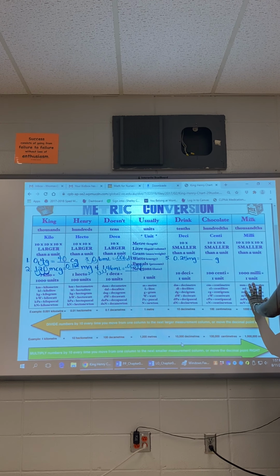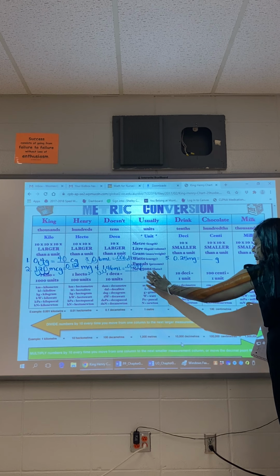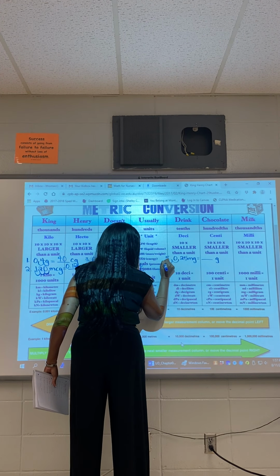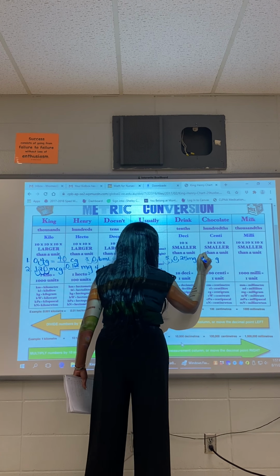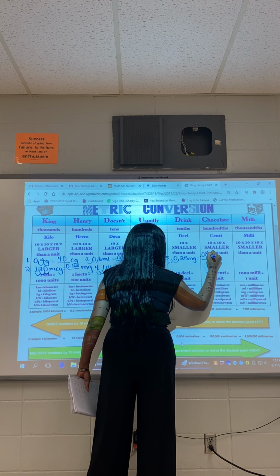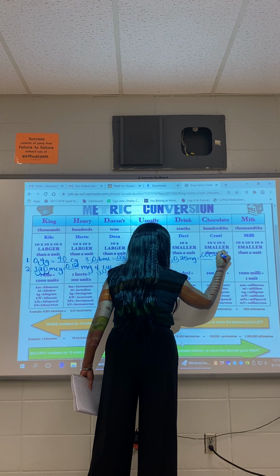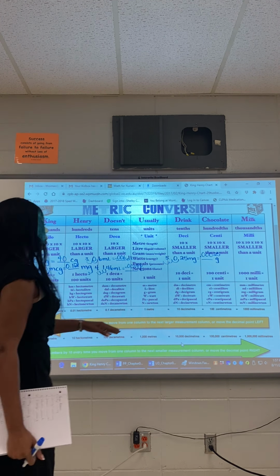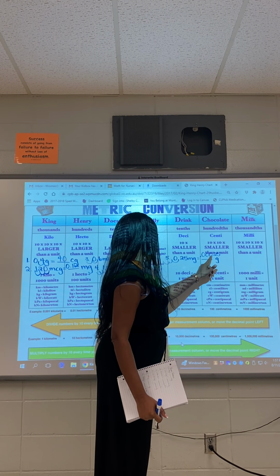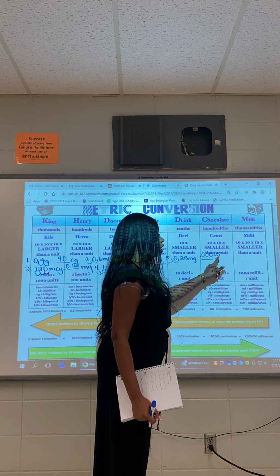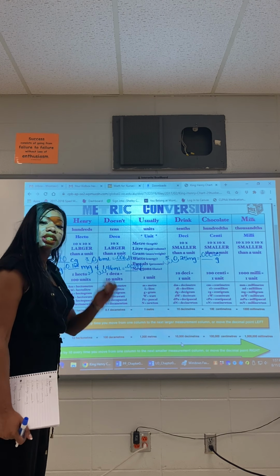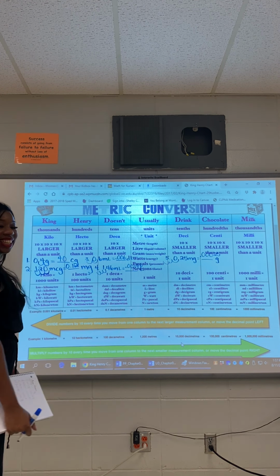I need to move it 1, 2, 3 units to the left. 1, 2, 3. So all of these are zeros. So 0.00025. How would you say that out loud? Tenths, hundredths, thousandths, ten-thousandths, hundred-thousandths. So 25 hundred-thousandths. It's a lot to say.